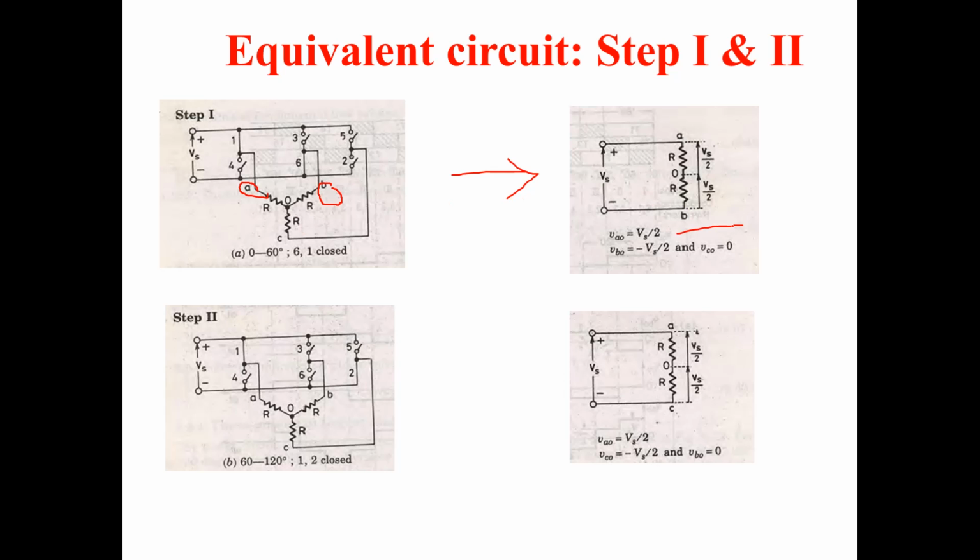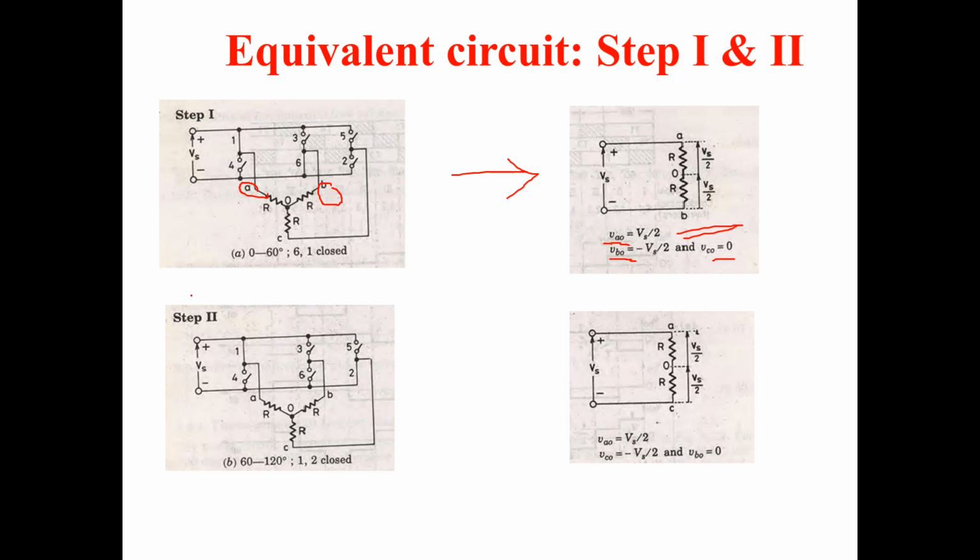So from the circuit diagram, C is not connected. The formulas are: VA0 equals Vs by 2, VB0 equals minus Vs by 2, and VC0 is 0 since it is not conducting.